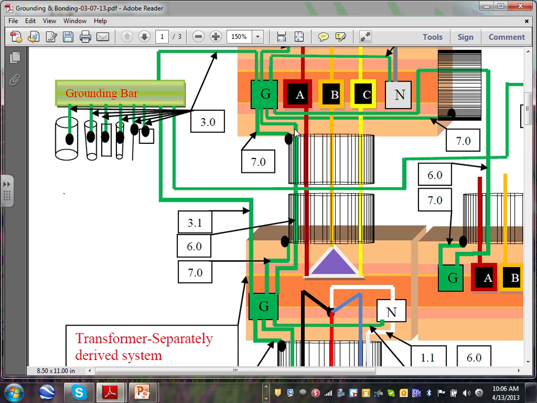This piece does not have an overcurrent protection device after the transformer, right? There is nothing. On the secondary side, you have to go through the primary to find it. So they treat it as a supply side bonding jumper. This is the equipment bonding jumper, load side, and also the equipment grounding conductor.